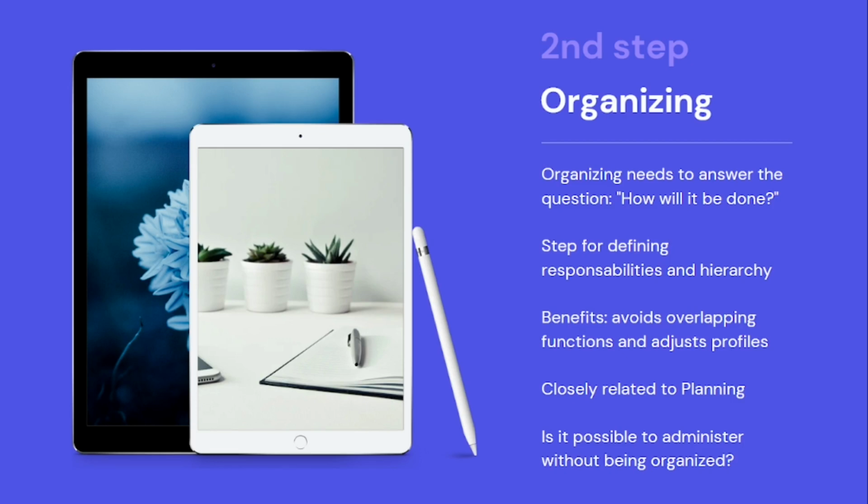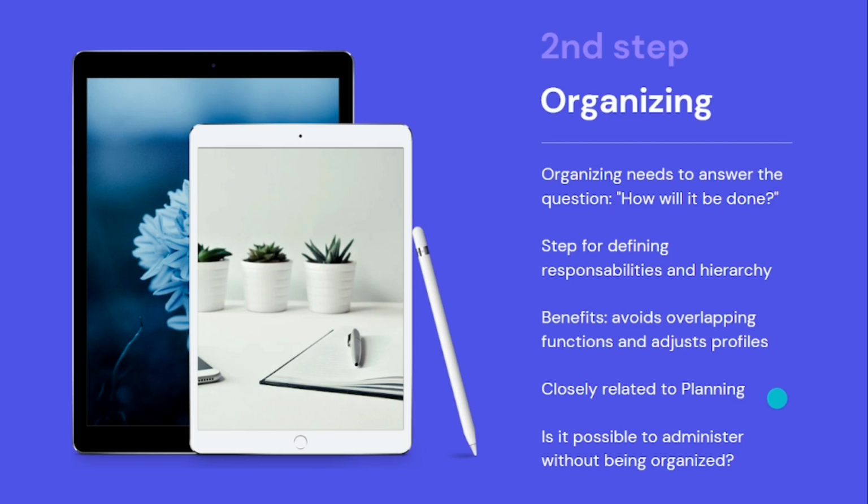So it means that you avoid that the same task, the same activity is done by more than one person. And this step also adjusts profiles. It means that you're going to delegate the tasks that are more appropriate to the profile of your subordinates.